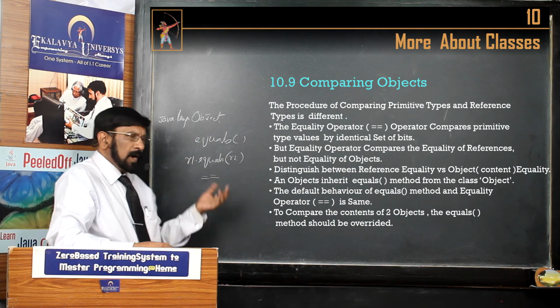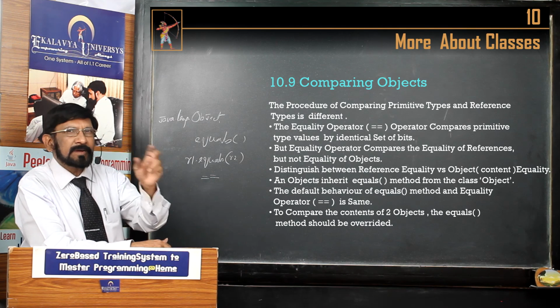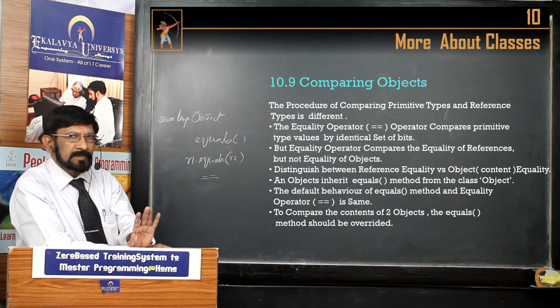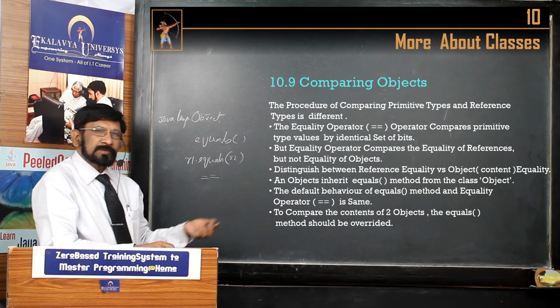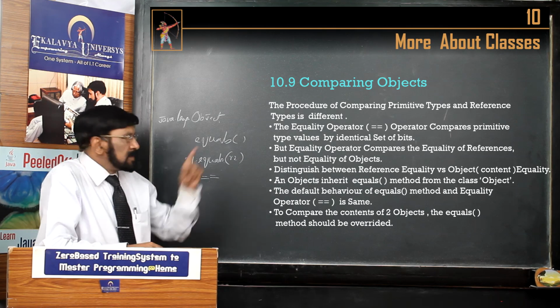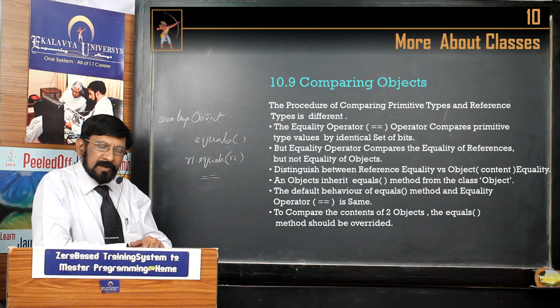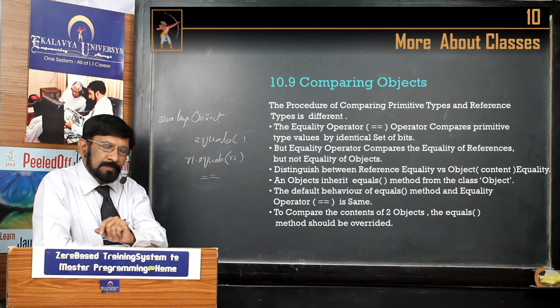Now, how can we compare two objects, meaning the contents of the objects? For that purpose, the equals method should be overridden. Actually, this concept of objects, overriding and so on, we will learn in the forthcoming chapters.